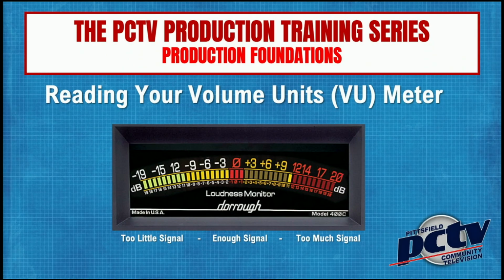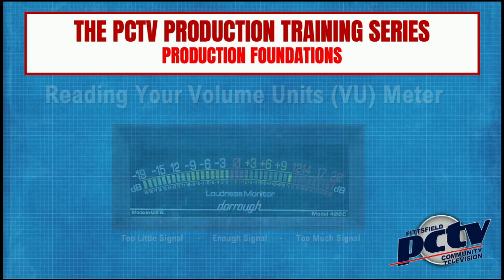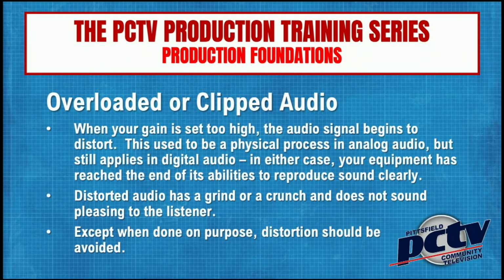There's too much electrical signal, and it's going to overwhelm whatever is recording it. Too much signal generates what we call overloaded or clipped audio. When the gain is too high, there's too much audio electrical signal being pushed through the equipment that's recording it, and the sound begins to distort.